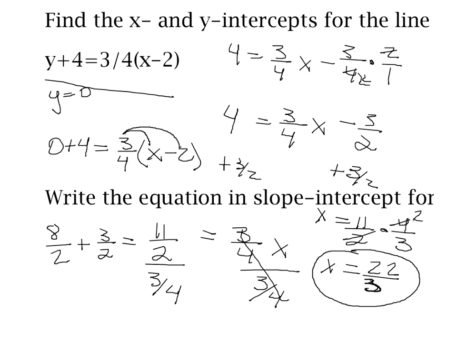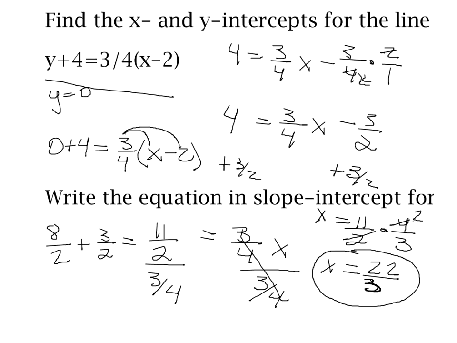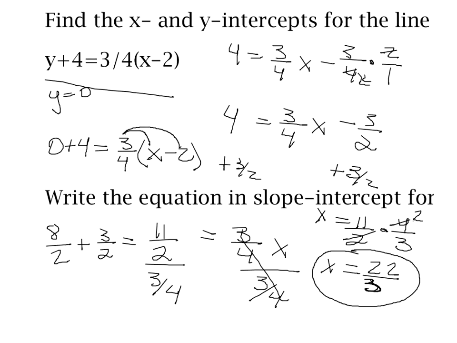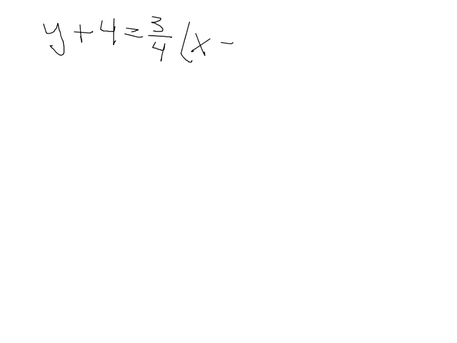Okay, now find the y-intercept. You can let x equal 0 and solve for y. I'm going to do something a little different though. Since we have to put the equation in slope-intercept form anyway, we can just do it this way.